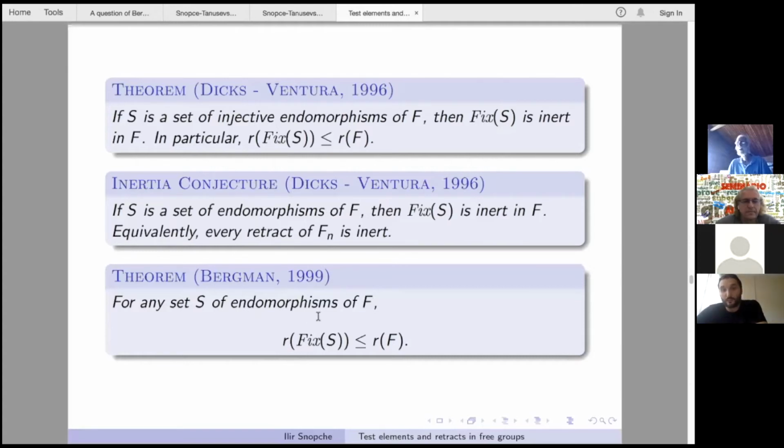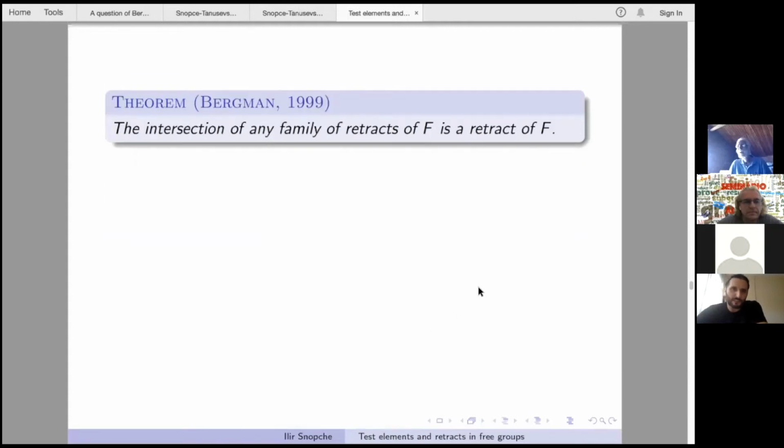So it was still not clear in this paper if Fix S is inert. Nevertheless, in the same paper, Bergman obtained another interesting result, which surprisingly has a very difficult proof: the intersection of any family of retracts of F is a retract of F. This was not known until 1999.